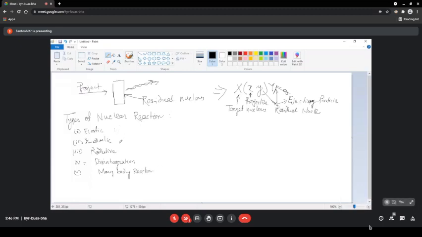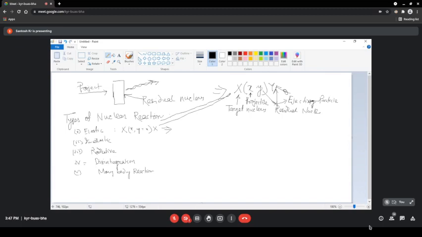Now we'll discuss elastic. It should be the same type, x equal to y, and this will be the same. Compare these two. Here the target nucleus and the residual nucleus are the same, and the ejected particle as well as the projectile are the same.